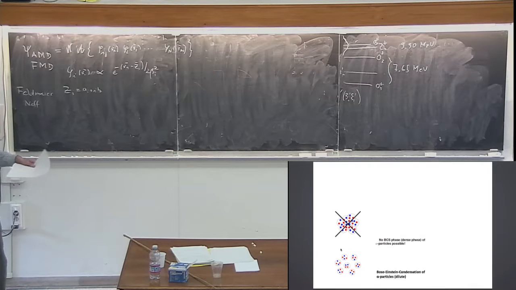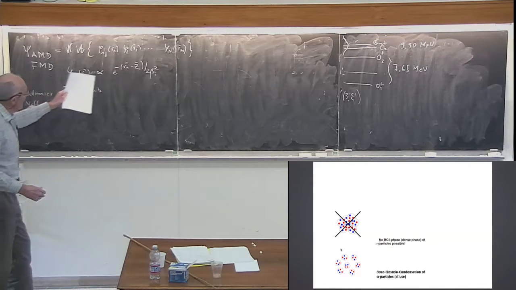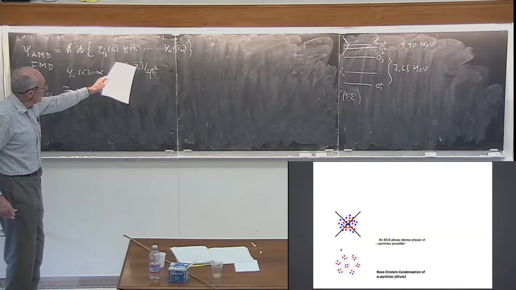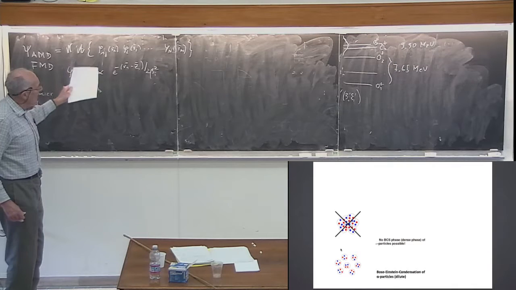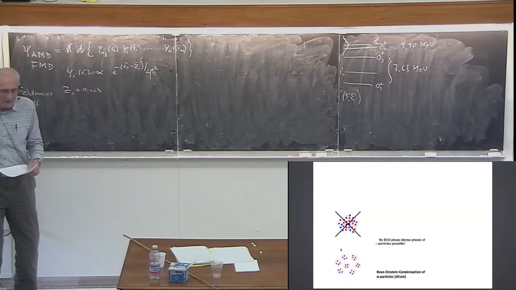So this anti-symmetrization of the Gaussian makes S wave, P wave, D wave, and you get for the z coordinates going to 0 a complete Slater determinant of harmonic oscillator wave functions.